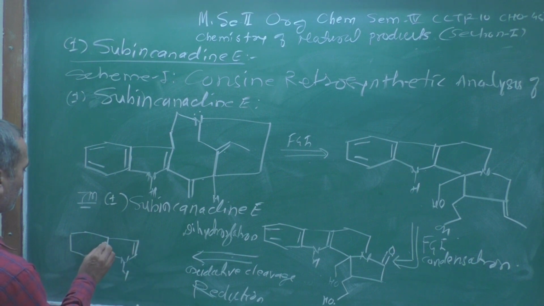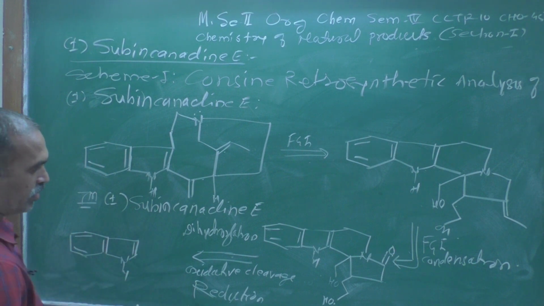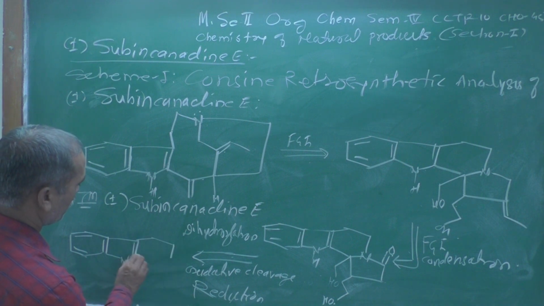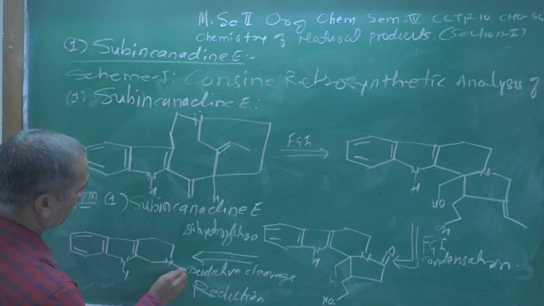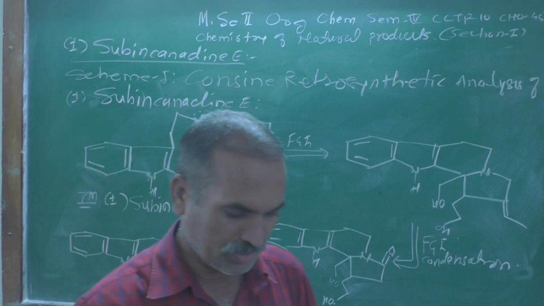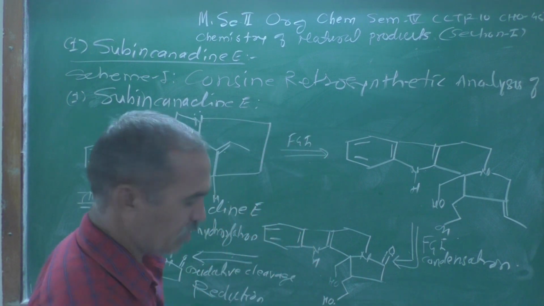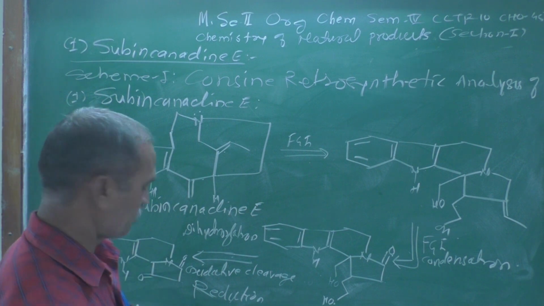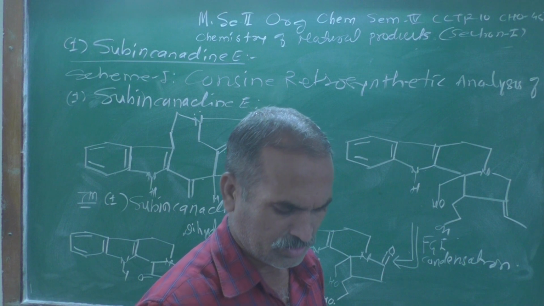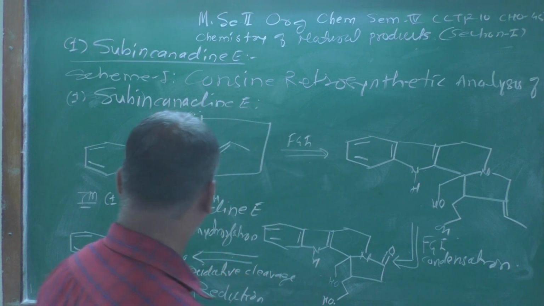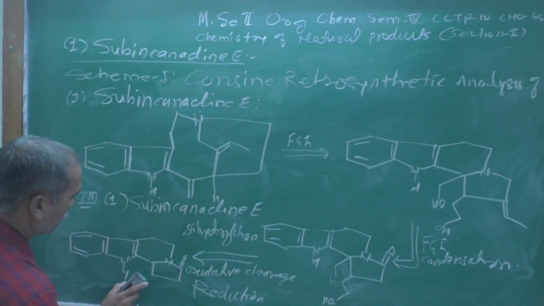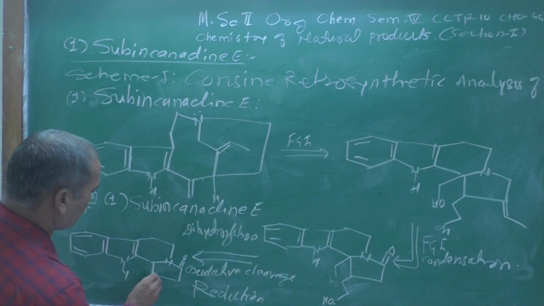This remains as it is, this indole moiety remains as it is, a stable one, and this is a 6-membered ring which also remains here, a 5-membered ring here joined as a C double bond O, and after C double bond O, here also a C double bond O. Not like this, let me clear, this ring is not present there.